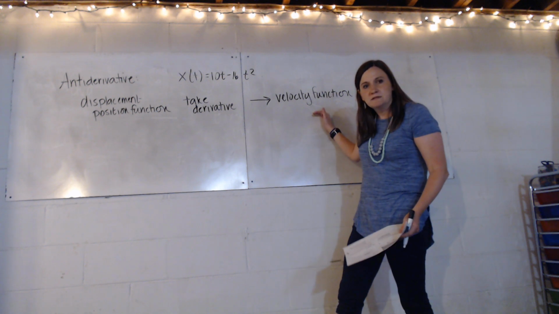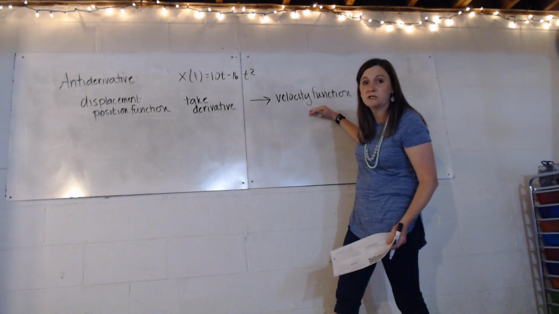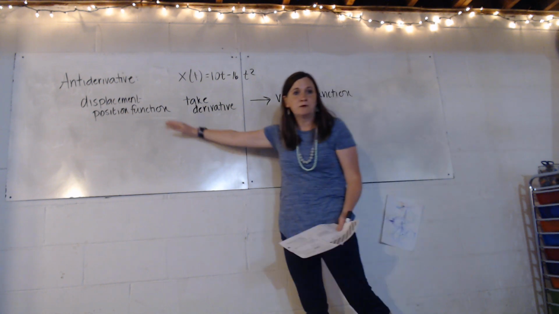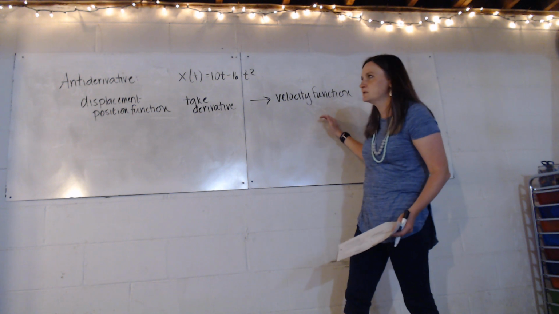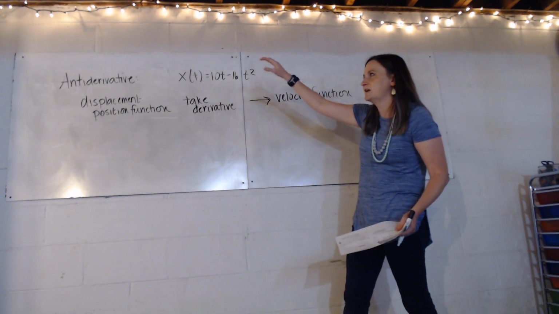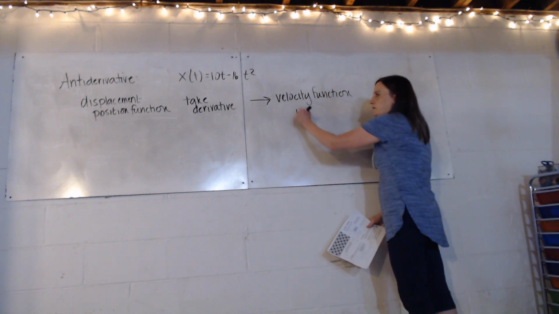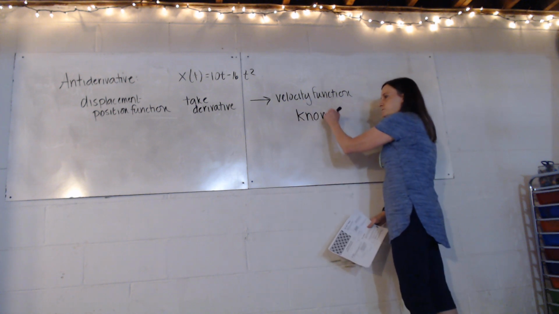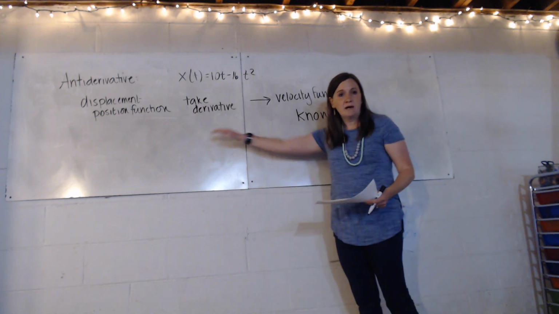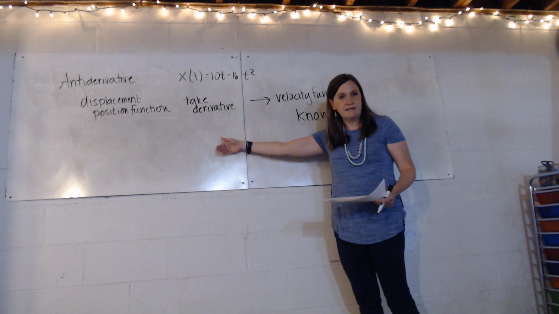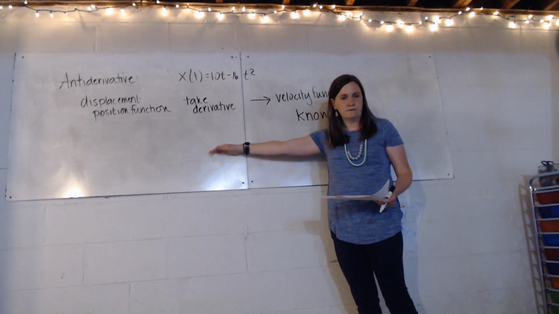And so what I was discussing was, what if I had this velocity function, and I wanted to find displacement? What I need to do is work backwards, right? So what I'm doing is I'm taking the antiderivative. So if I know my derivative, if this is known, and I need to work backwards, I'm going to take the antiderivative to get back to my original function, right?